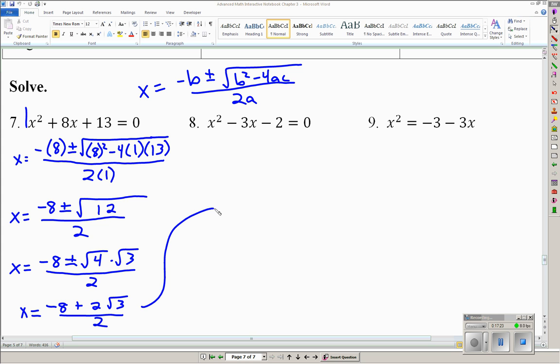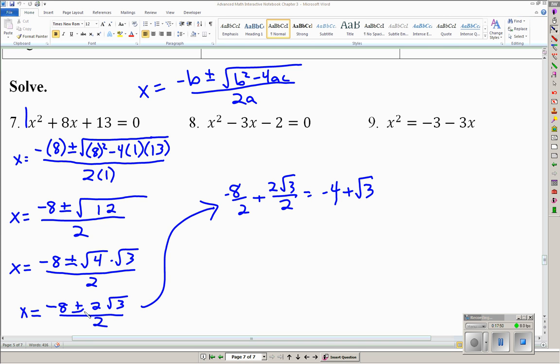Now that is negative 8 divided by 2 plus 2 square root of 3 divided by 2. And negative 8 divided by 2 is negative 4. And 2 square root of 3 divided by 2, the 2's cancel, leaving the square root of 3. And what did I do?